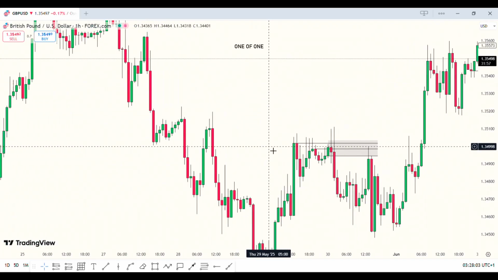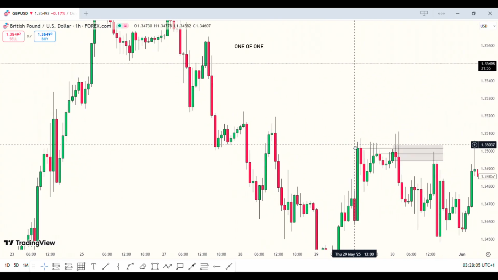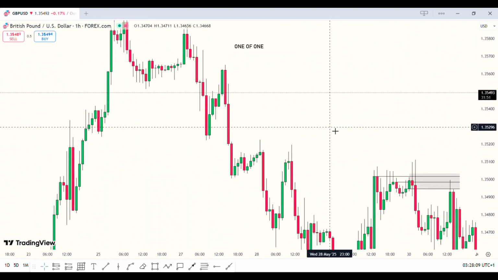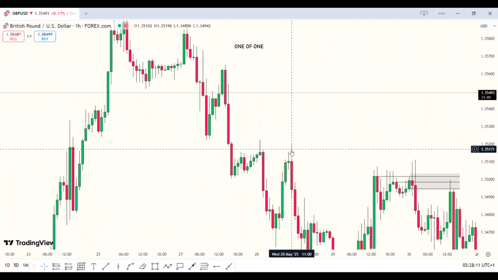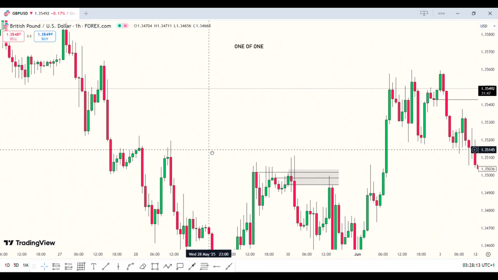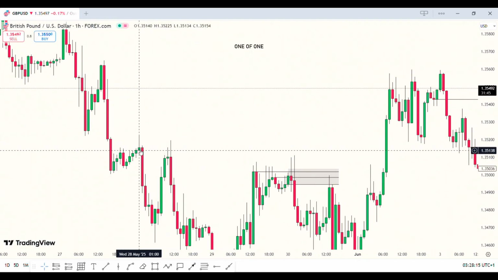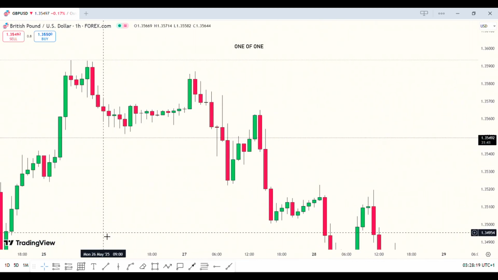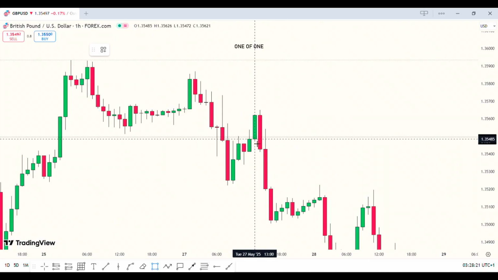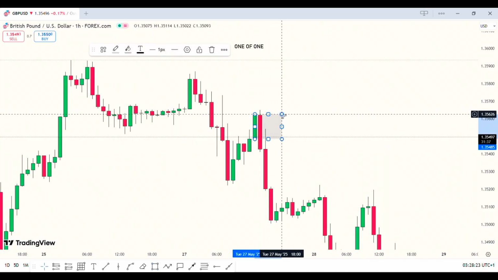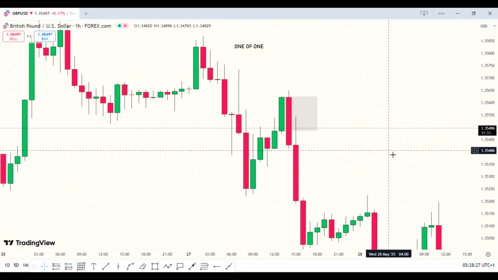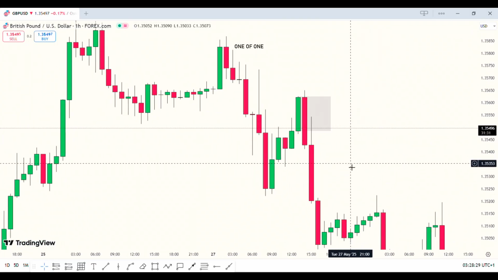So one more instance before we call it a night. So yeah, this reaction is from here. This reaction here is from this closing price. Let me do this one, then we'll call it a night. So this is another block here. So basically the same logic, right?